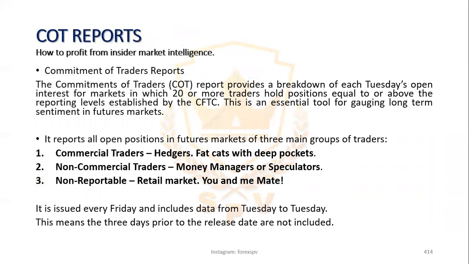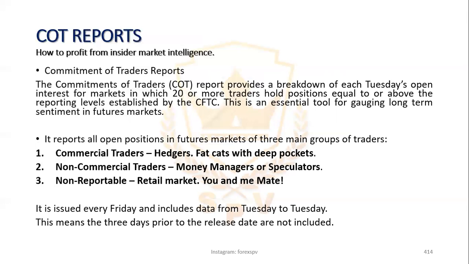And now let's talk of the COT report, the Commitment of Traders report. So the COT is issued by the CFTC, which is the Commodity Futures Trading Commission, and it reports all open positions in futures markets for three main groups of traders.